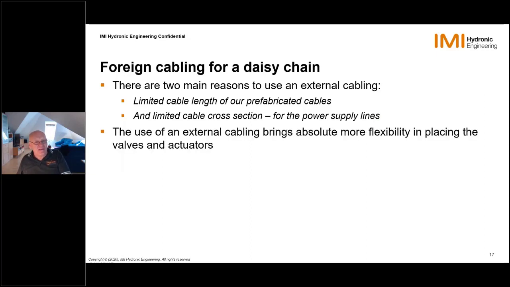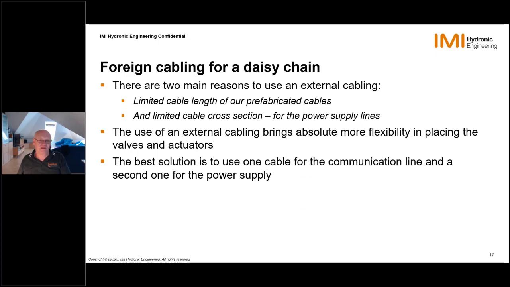And of course, when you are using external cabling, that is more flexible, and then you can place the valves and the actuators wherever it is necessary within a plant. There is one solution which is relatively often used: one cable for the communication line and a separate one for the power supply.